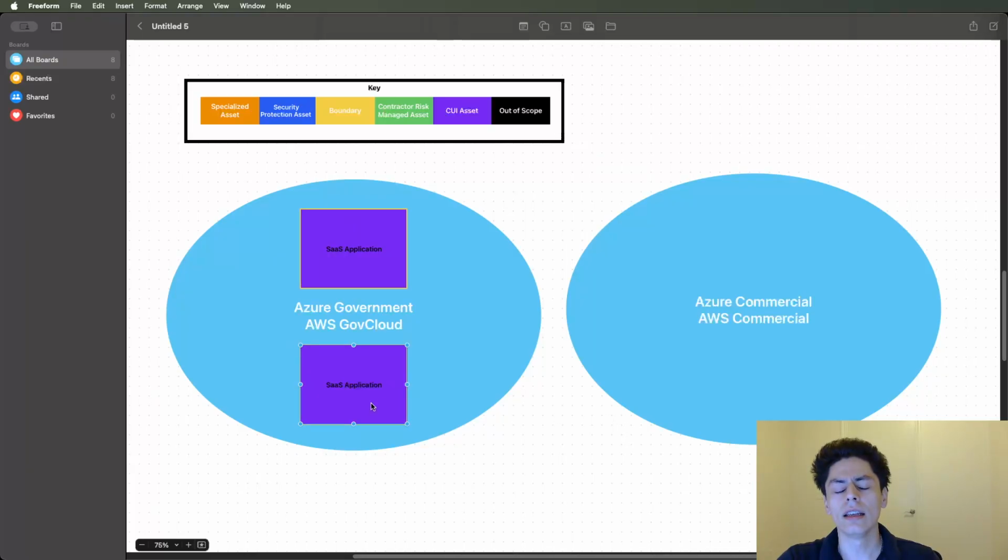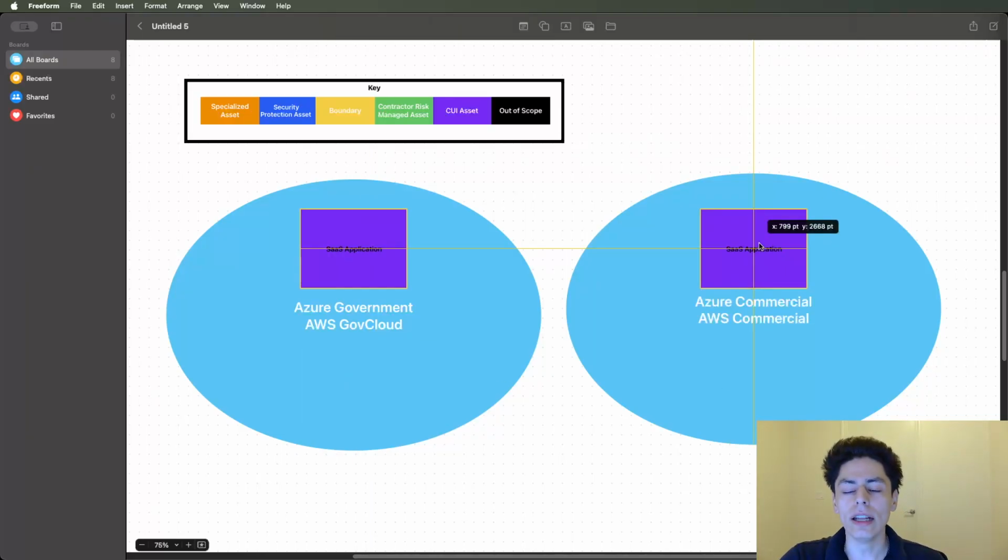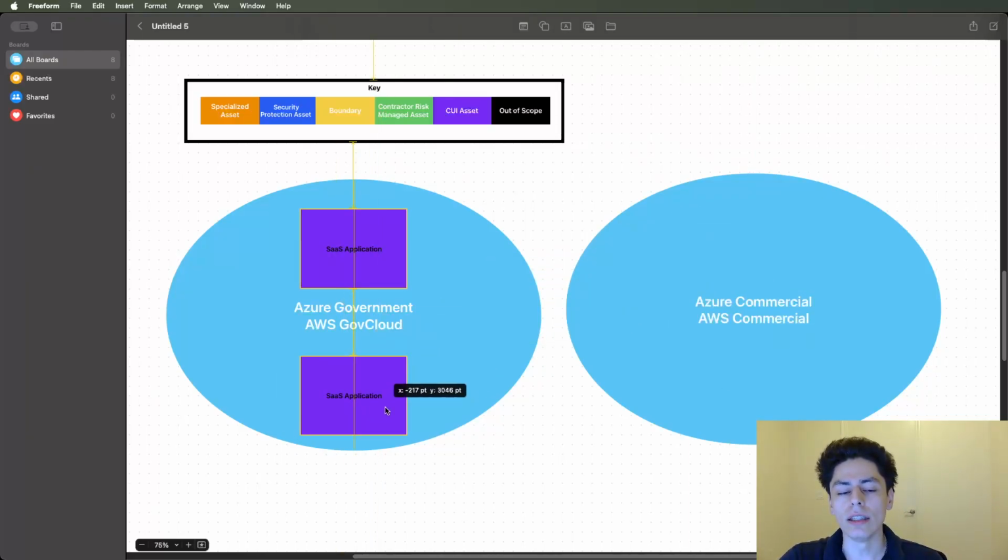And then for some reason people think, oh, that's good, we're compliant if you do that. However, that is not the case. Simply moving your instance of the cloud application into GovCloud or Azure Government does not automatically mean that the SaaS application is FedRAMP.